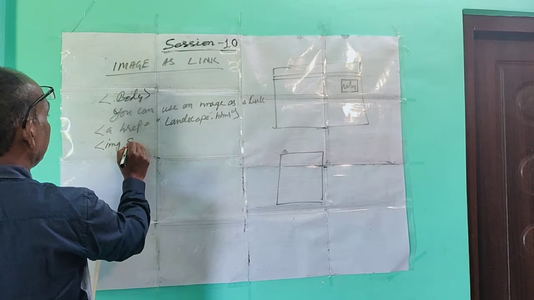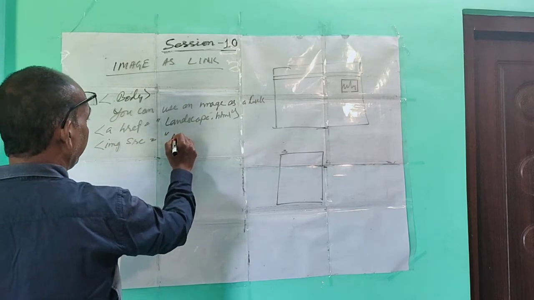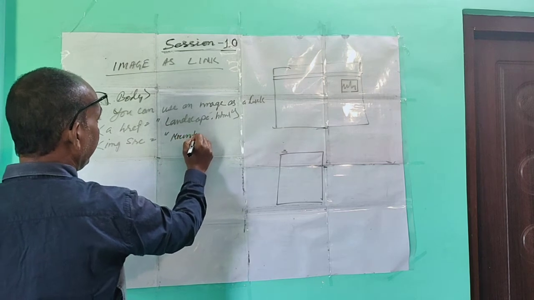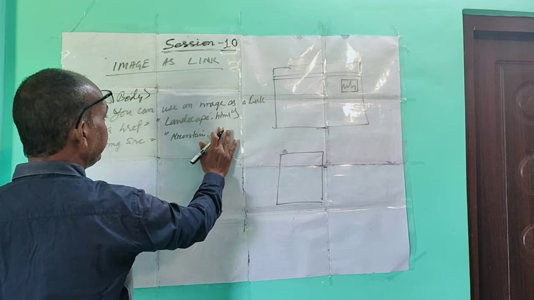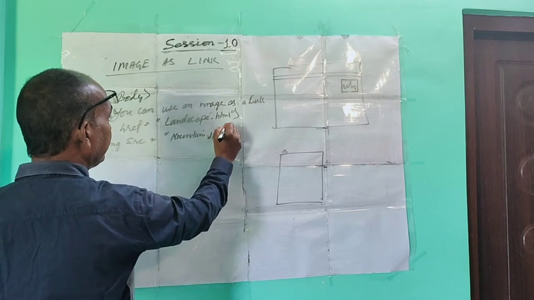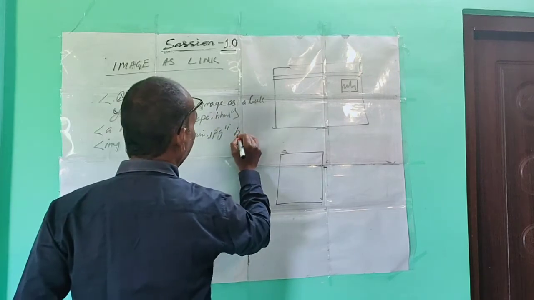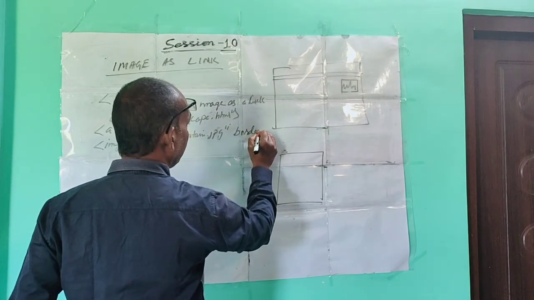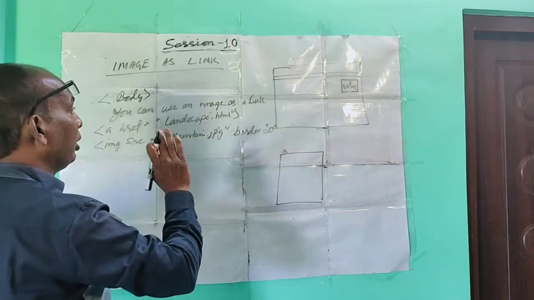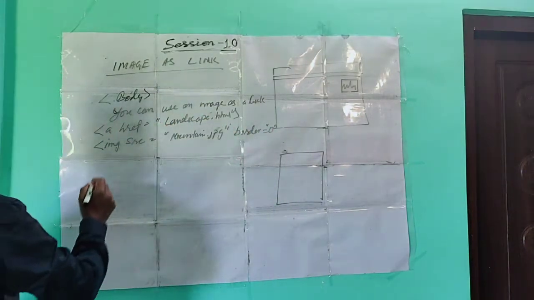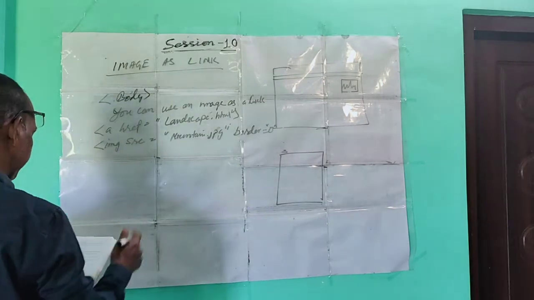img src equals to, I am giving mountain.jpg, then border equals to 0. In this case, no border will appear with the image, and we also specify the height and width with the same tag.